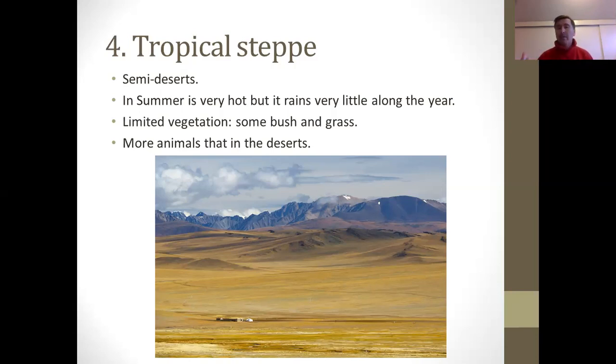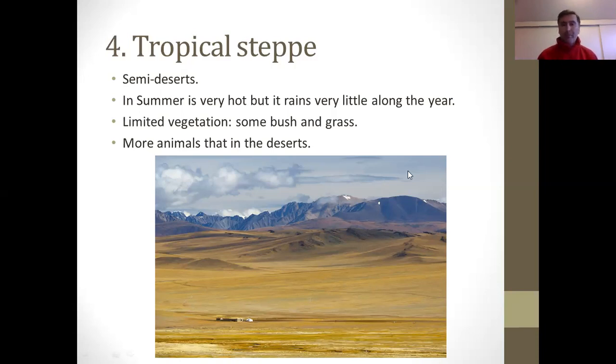And there are more animals than in the deserts, animals that are also specially adapted to live here. It's similar to the desert: very hot during the day, and at night it's very cold. But the steppe has something particular. In some steppes, in wintertime it can rain. So that is a little bit different if you want to compare it to the desert.